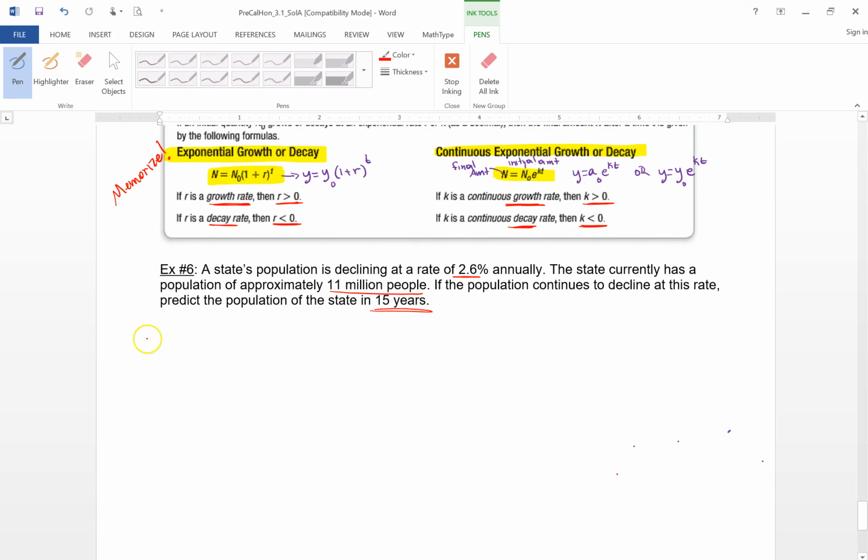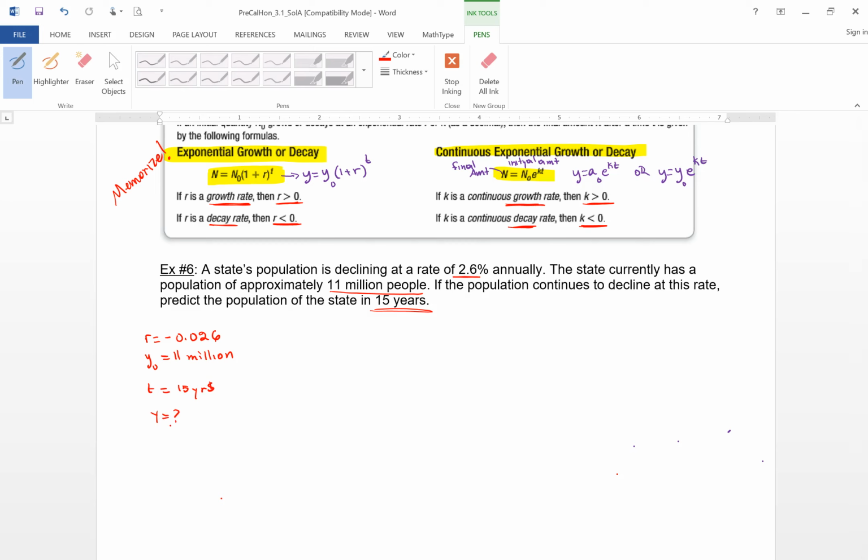I have r, but it's declining, so it's negative 0.026. I have a current population, y naught, of 11 million. I have time, 15 years. What I want is y.